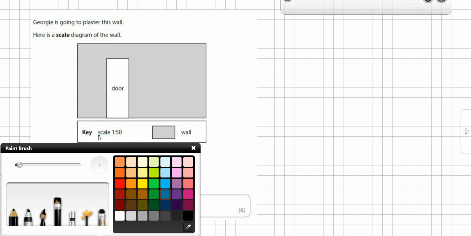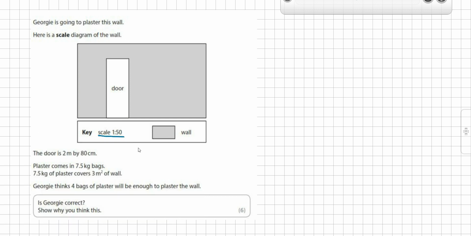Let's underline that. I think underlining some key points will be very helpful. This scale 1 to 50 is telling us that our drawing is a scaled down model of the real thing, and the real thing would be 50 times bigger than what we have here as the drawing. For every unit we use, the real thing is 50 times bigger.